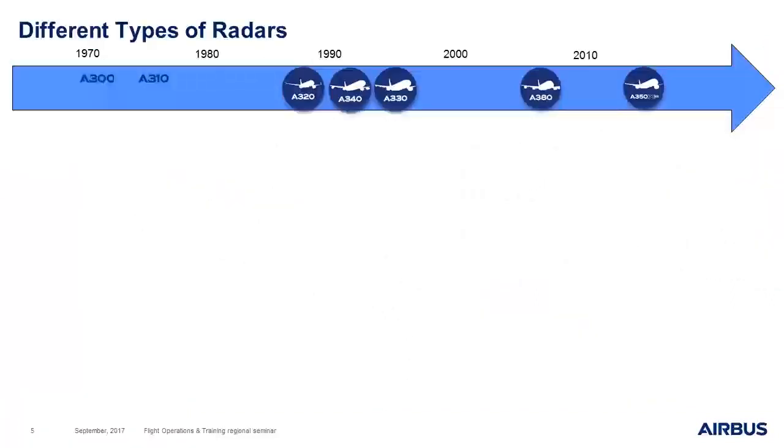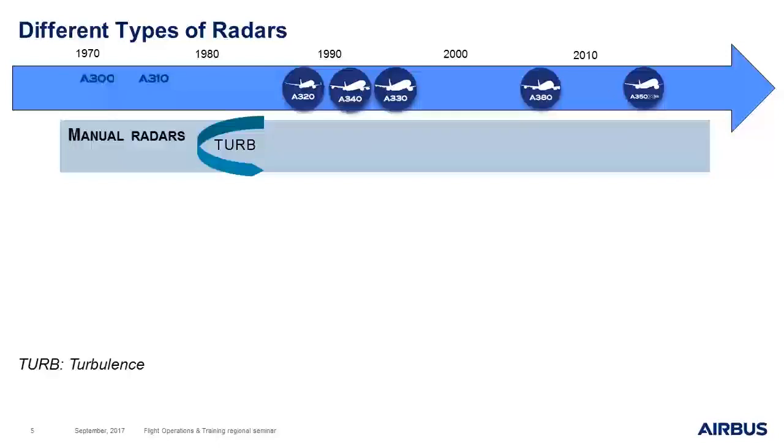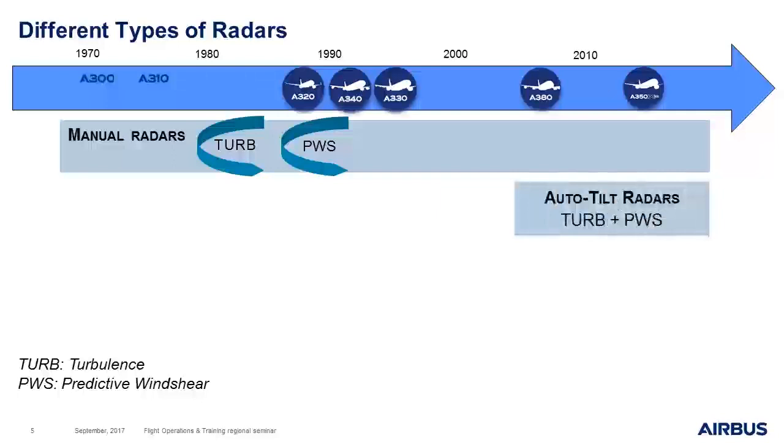The very first type of radars were fully manual, with very few functions. In the 80s, a turbulence function was added. Then, a few years later, a predictive wind shear function. In the beginning of the years 2000, auto-tilt radars were developed.